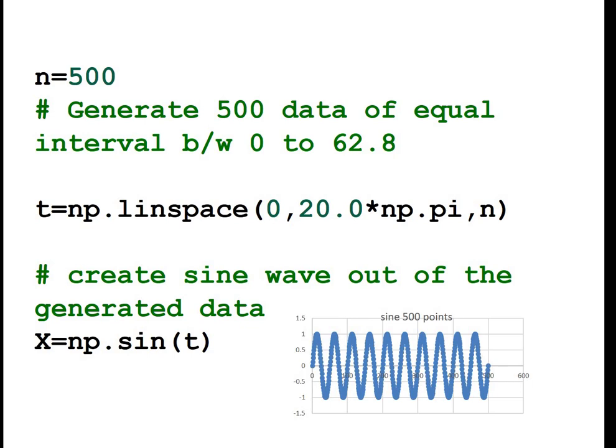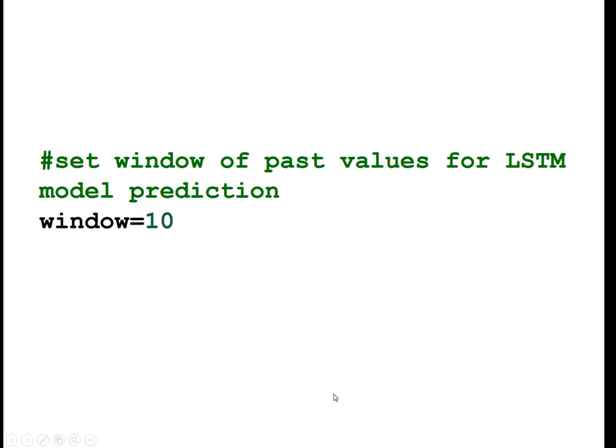So 3.14 is pi, and 2 pi is 360 degrees, one full wave. So if I create a linspace of 0 to 20 multiplied by pi, that means 2 pi is one cycle, so you are going to have 10 cycles, as you can see in the picture below.